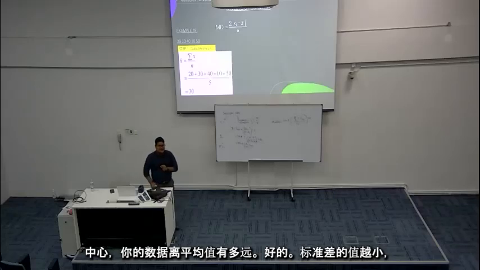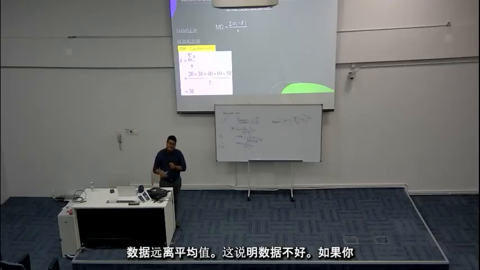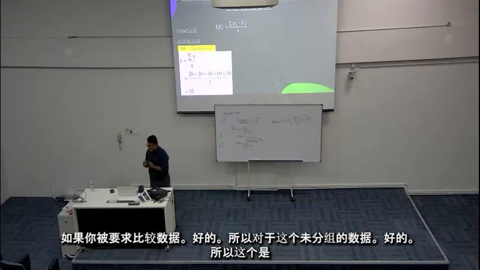The smaller the value of standard deviation, the better the data. But the higher the value means that your data is far away from the mean, which indicates the data is not good, if you were asked to compare the data.